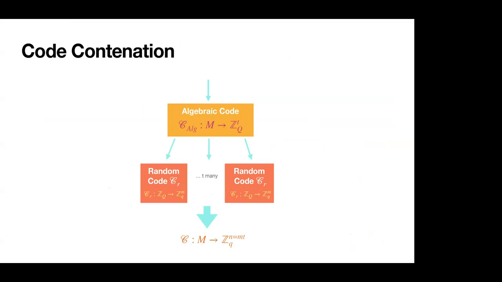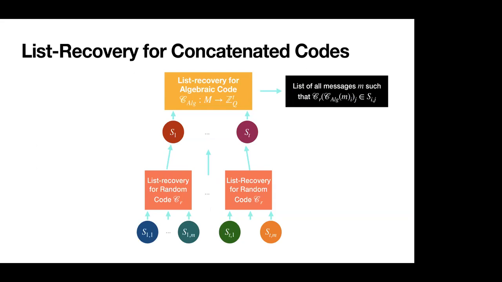Let me tell you how this code concatenation works. You start with an algebraic code from some message space M to Z big Q to the T. When you send a message through, for every one of these T components, you apply a random code on it. This gives you, for each of these components, M Z little Q elements, and therefore you get a code that goes from your message space M to Z little Q to the N, where N is M times T. And list recovery just says to go the other way.